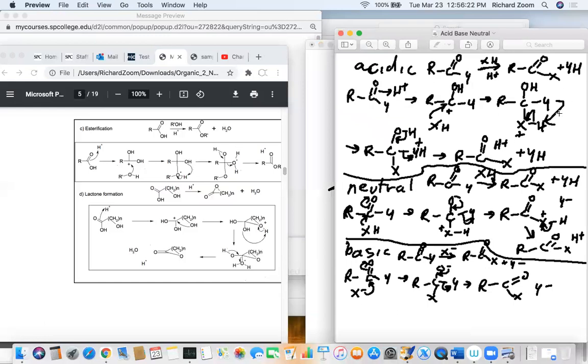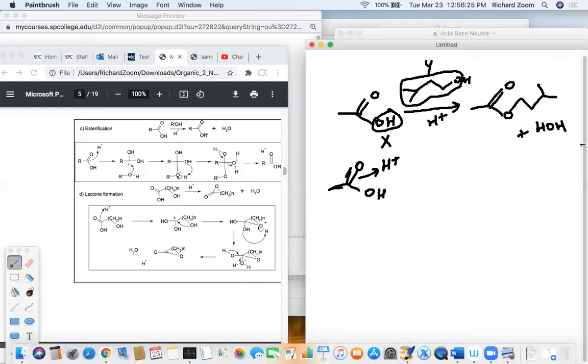It's always going to follow this same pattern. So the H plus attacks the C double bond O. Then the O from the nucleophile comes in, attacks the C plus.